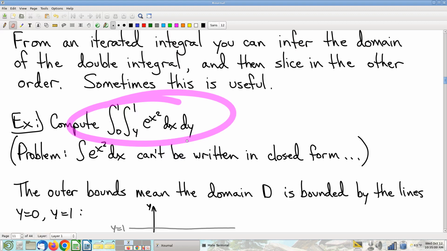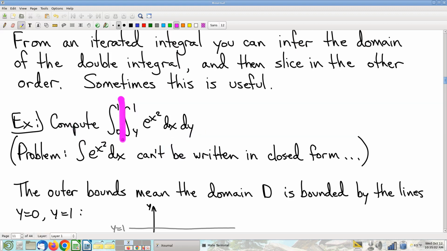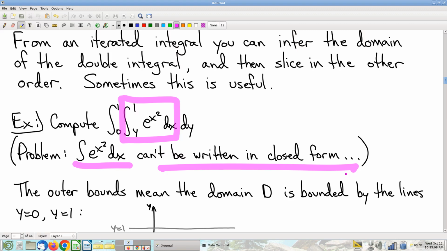In case you might not recall, for this inside integral, the integral of e to the x squared, there's no closed form antiderivative. In other words, there's no amount of trickery with integration by parts and substitutions and stuff like that. You just can't do it without writing it down in terms of infinite series. So this is very unfortunate.